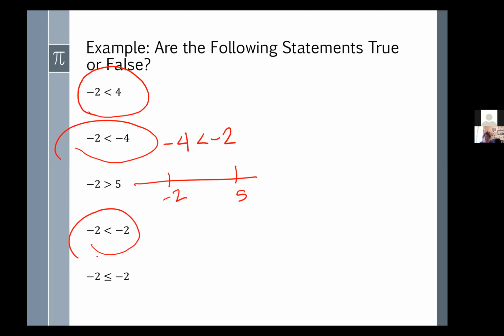That's not true. But as soon as I put the bar underneath it, that is true. -2 is less than or equal to itself. So a number cannot be less than or greater than itself, but it can be less than or equal to or greater than or equal to itself. So this is true. Or this is true. Both of those are true.